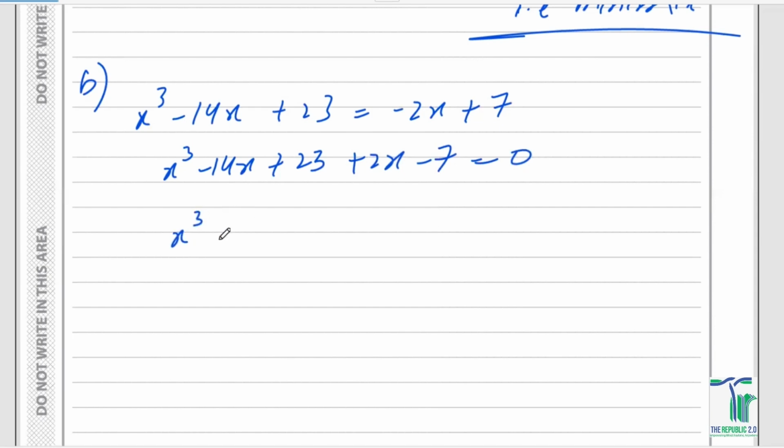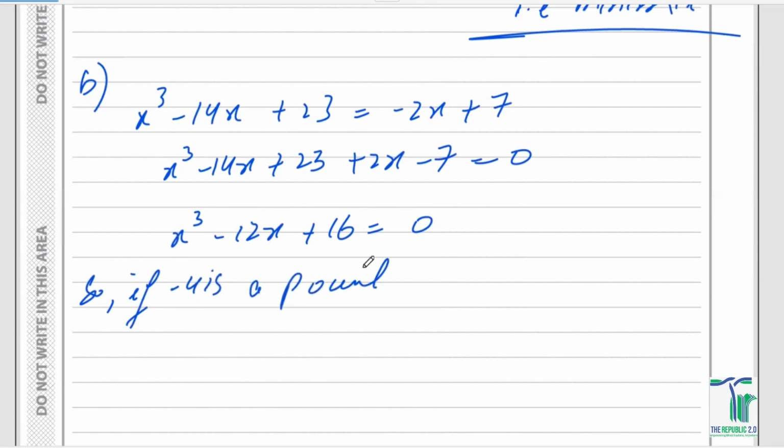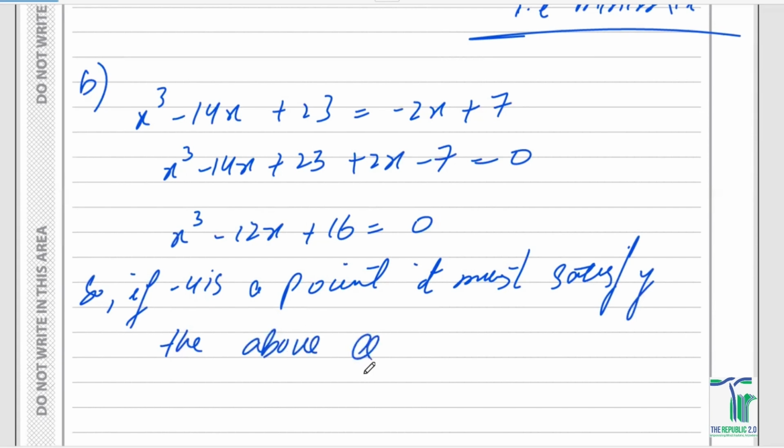So x cubed minus 12x plus 16 equals 0. If -4 is a point, it must satisfy the above equation. That is to be shown true.